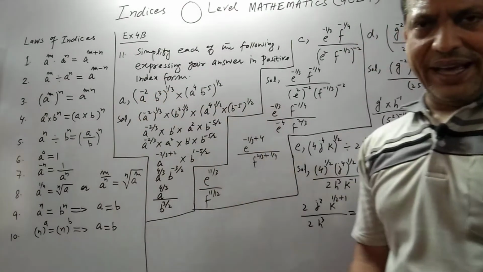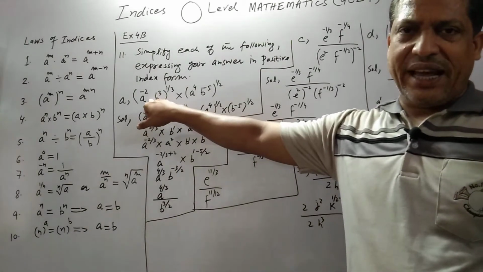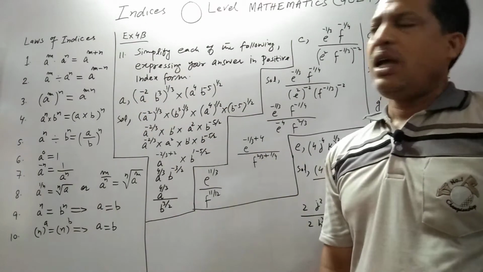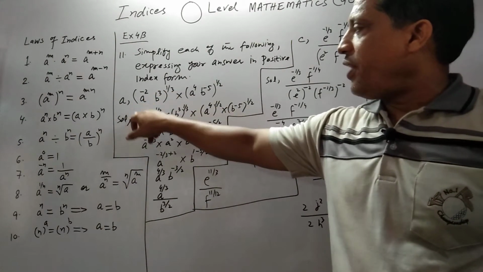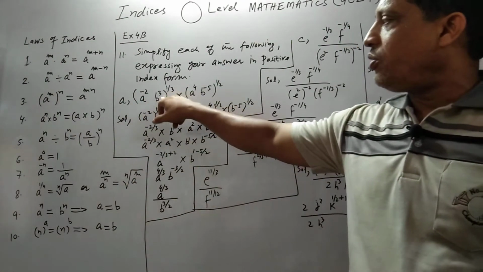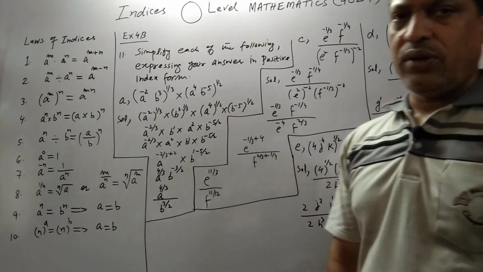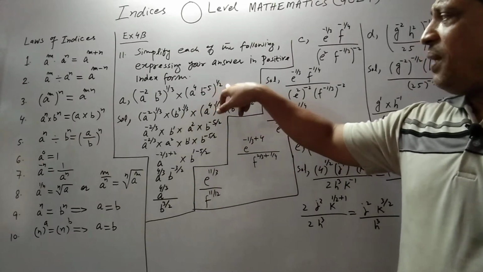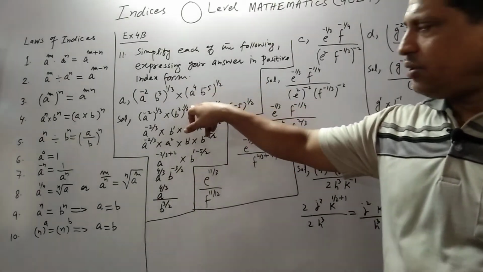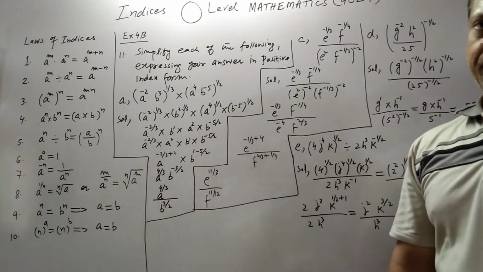Both are multiplied, because if there is no arithmetic sign between the numbers, it means they are multiplied. So apply 1/3 on a^-2 and 1/3 on b^3. Similarly, the same law number 4 is applied on this bracket: apply 1/2 on a^4 and 1/2 on b^-5.